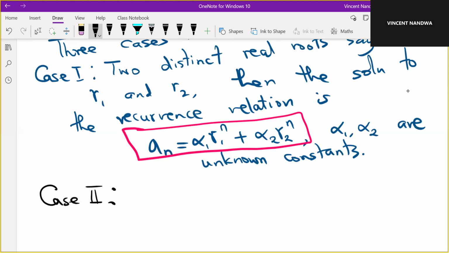Come on, the stopping of this class depends on your participation. You are discussing quadratic equations. If you don't get 2 distinct roots, what is another possibility? What is the other possibility?